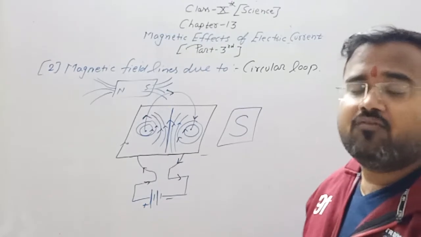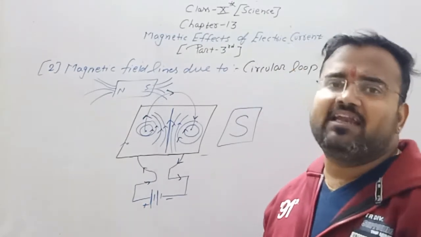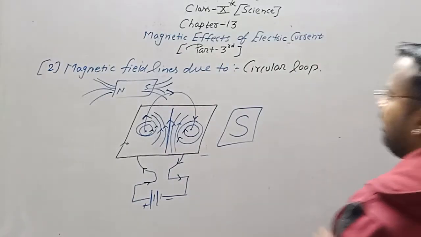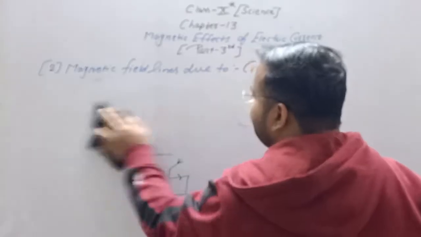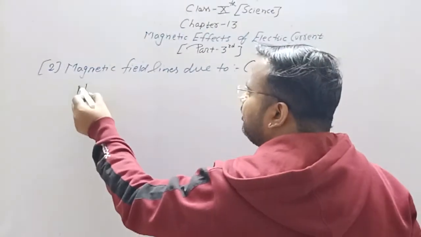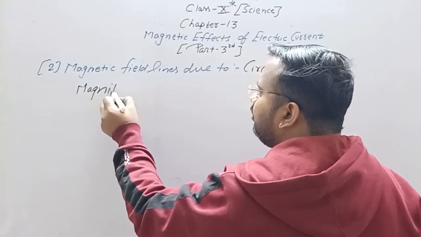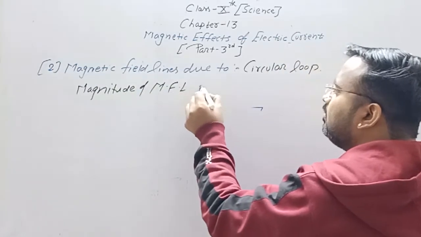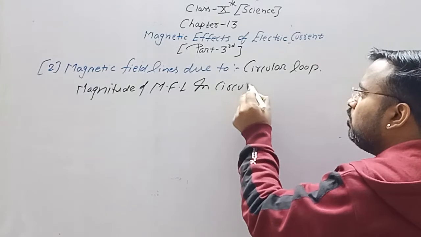Now the question is, what is the magnitude of magnetic field in a circular loop?